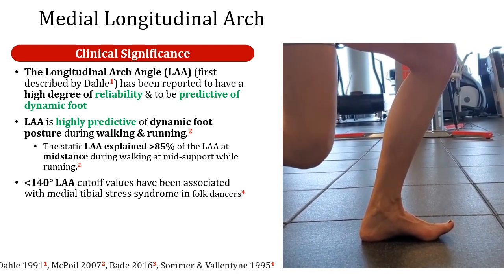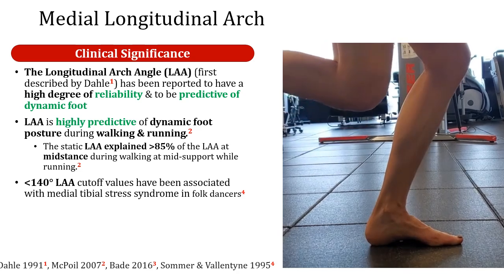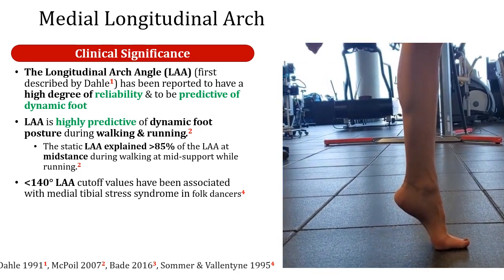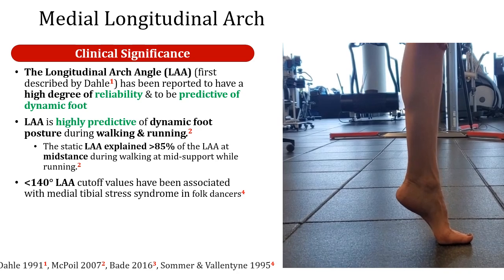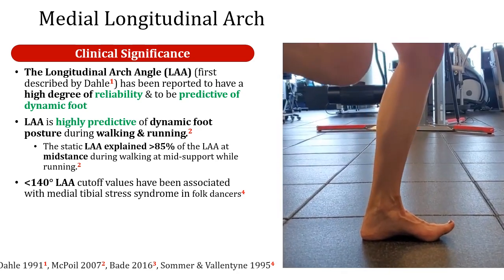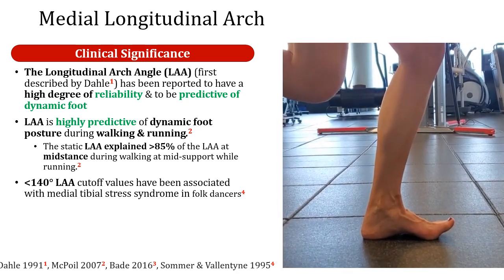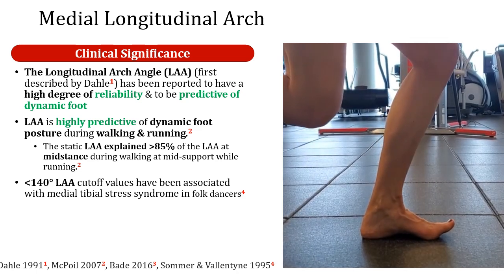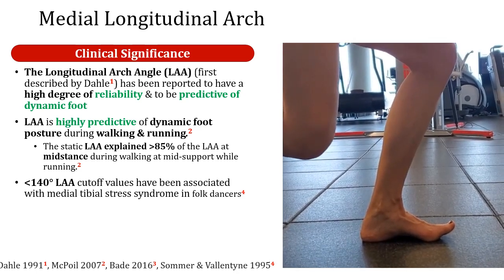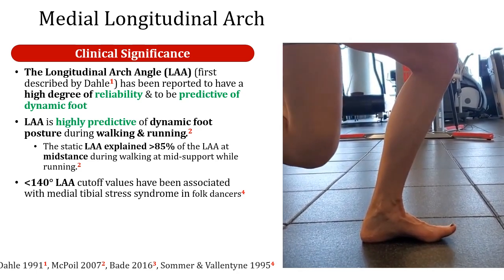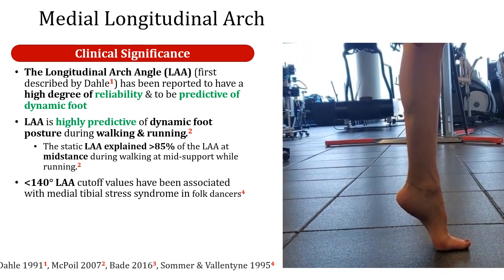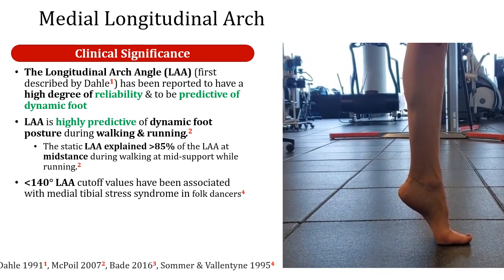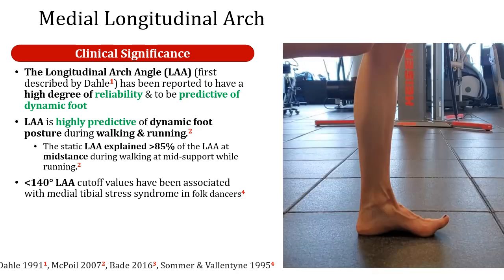Less than 40 degrees of LLA cutoff values have been associated with medial tibial stress syndrome. It is a unique cohort of folk dancers, yet all the same, it does suggest that a more rigid foot, a lower longitudinal arch angle, which would be essentially a more stiffened foot, may be associated with higher shock absorption higher up the chain.